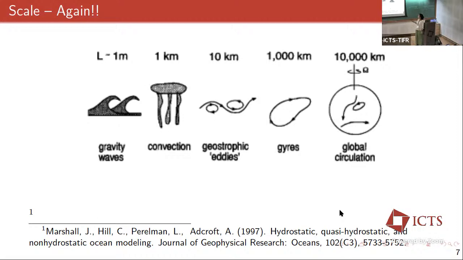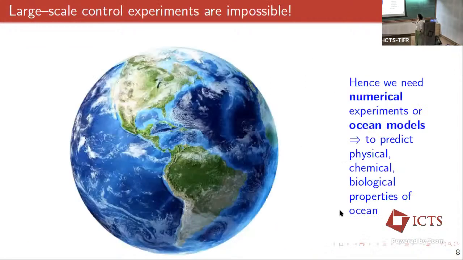At the kilometer scale, convection processes are important. At tens of kilometers, we have eddies and turbulence. At thousands of kilometers, we have gyres, which are large-scale ocean structures. And at 10,000 kilometers, we have global oceanic circulation, the global world circulation. Today, I will focus on the last two components. The previous components have been covered in detail in the previous talks.